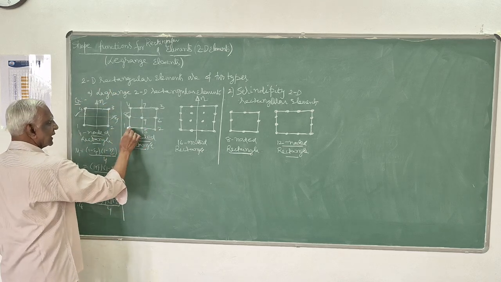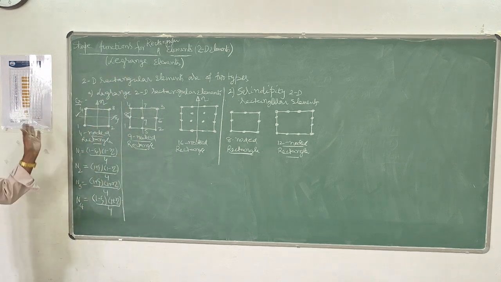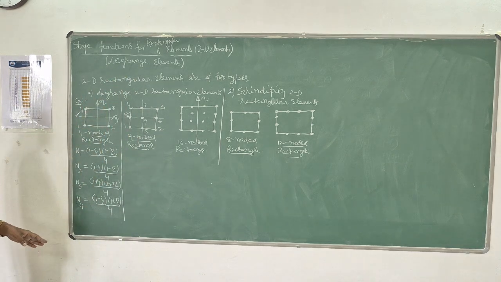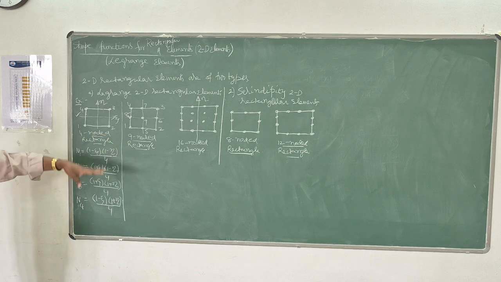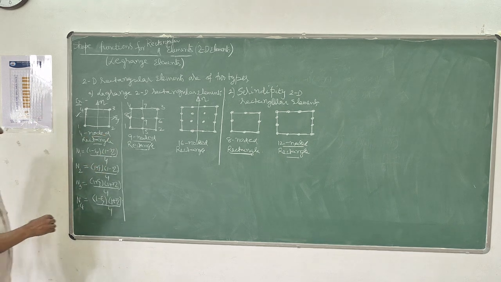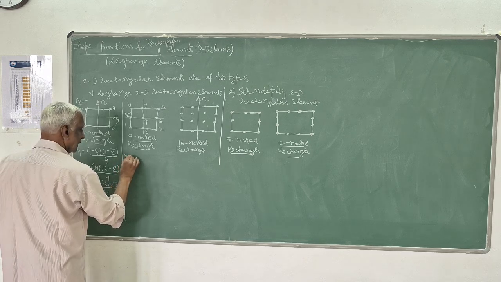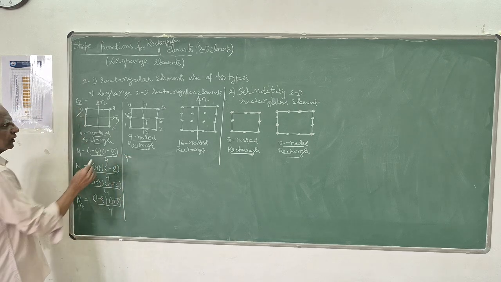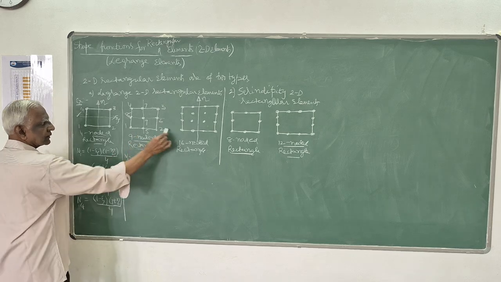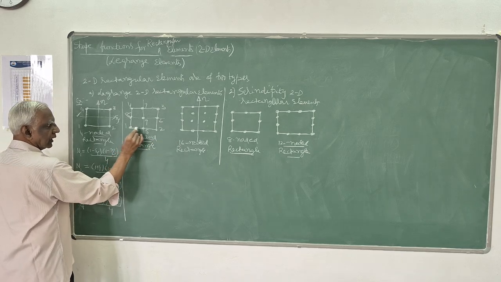Because in the psi direction as well as the theta direction, you have to take the Lagrange shape functions and take the tensor product. For this also, you can write N1 as, along this psi direction, there are 3 nodes.